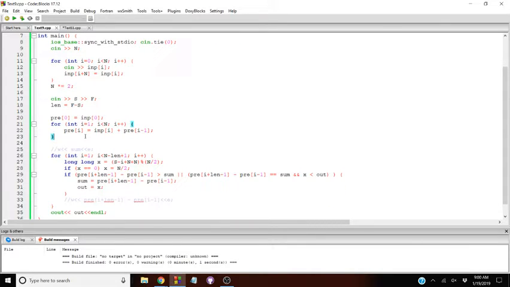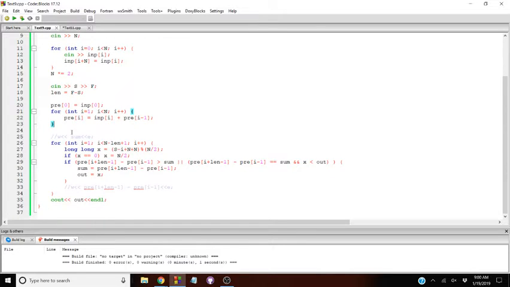So prefix 0 just equals input 0, because the sum of the numbers from 0 up to 0 is simply input 0. And then for every future prefix, I discussed this in the previous problem, prefix of i equals input of i plus prefix of i minus 1. That's the sum of numbers from 0 to i. Okay, this is the tricky part here.